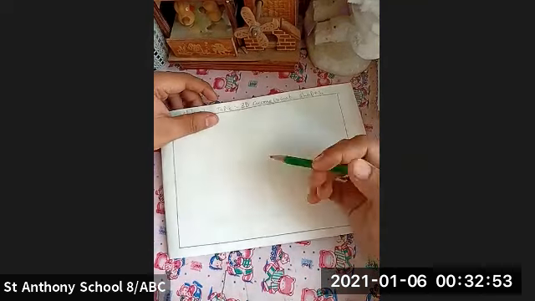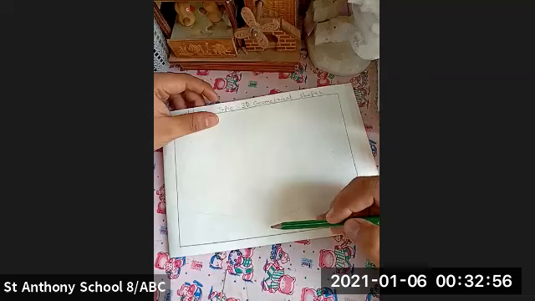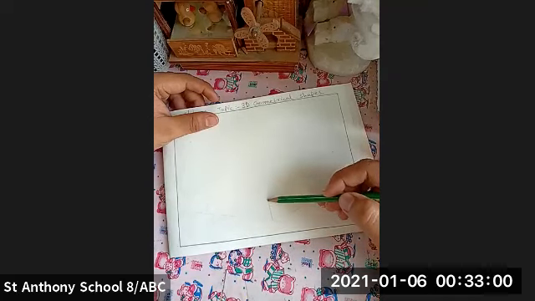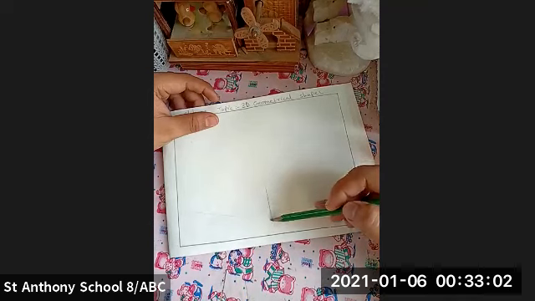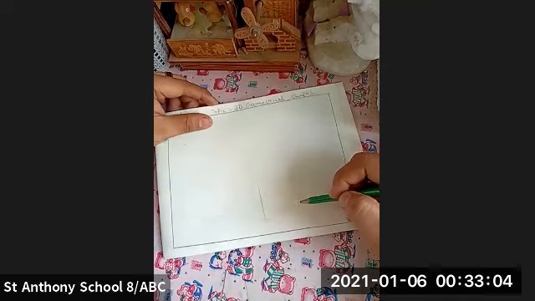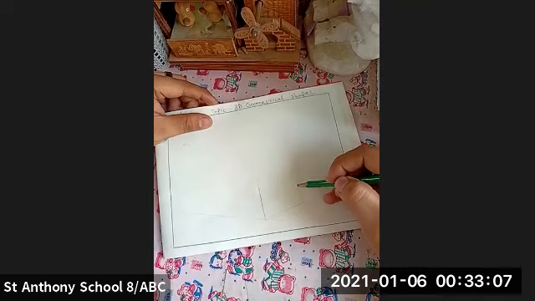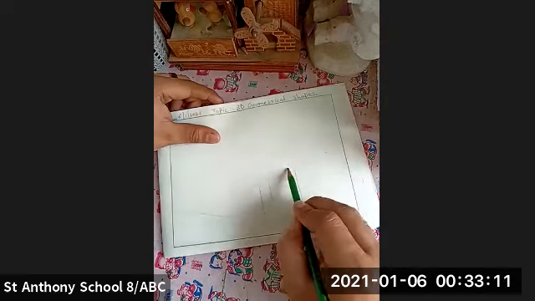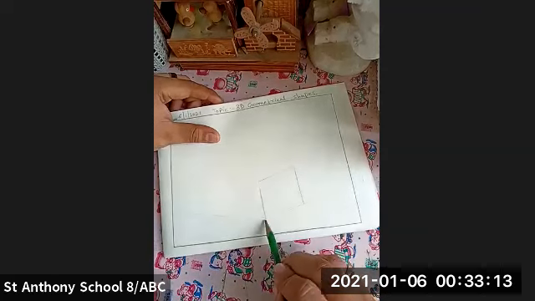So the first thing which I'm going to draw is going to be over here. Okay. So first I'm going to draw a cube. So first drawing a cube in this way. Just look at this.